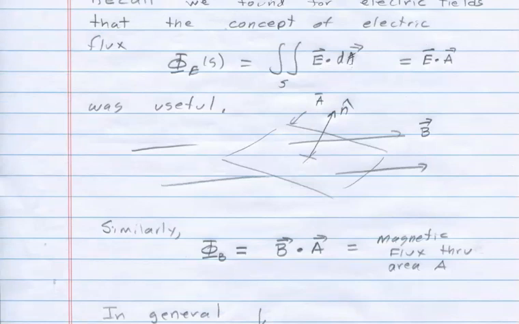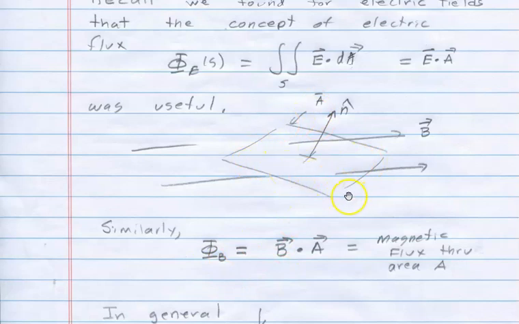But what one can do is do a similar definition for the magnetic flux. And in reality, one could think of this as a planar piece, a magnetic field, nice and uniform. The normal to this surface gives me the area, so the area is the magnitude of the area vector.